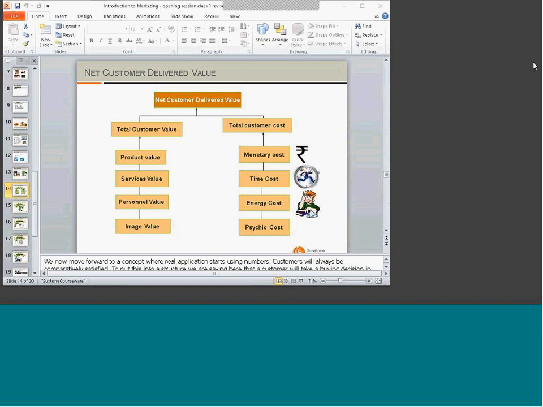Again, remember this: the actual figures in a comparison do not matter. The difference between the figures matters. Just to re-explain, 0 and 500 is equal to 1000 and 1500. To compare two products, you're only looking at the net customer delivered value between the two products.